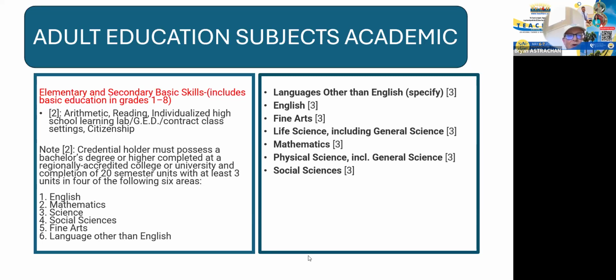And in this arena, 1 through 8, they didn't get what we would call the junior high school certificate or diploma or elementary school. So we're talking about courses that are very remedial: arithmetic, reading, individualized high school learning labs, and there's the GED again, and then contract class settings.